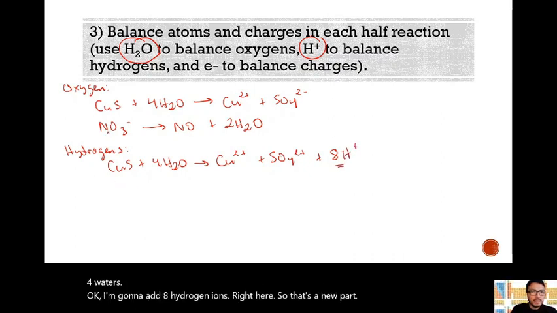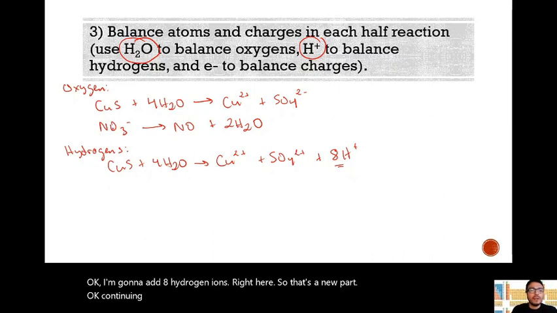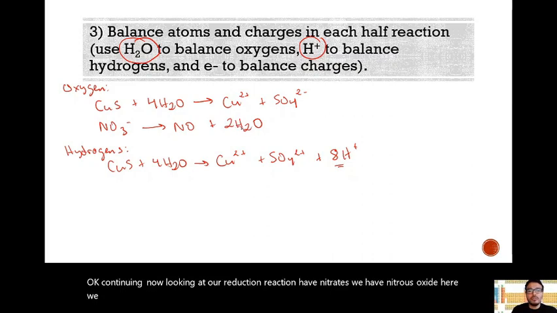Okay, continuing now, looking at our reduction reaction, we have nitrate, we have nitrous oxide here, we have 4 hydrogens on the right hand side and none on the left, so we're going to add the 4 to the left.